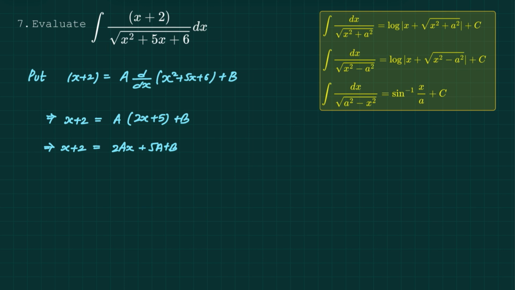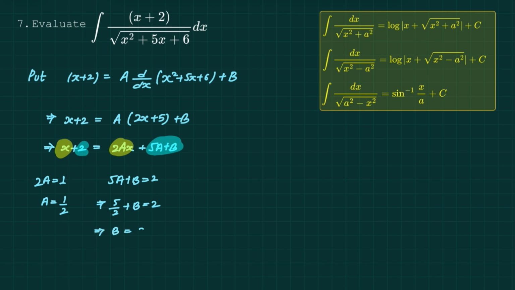Comparing the coefficients of x, we have 2a equals 1, which gives a as 1 by 2, and comparing the constant terms, we have 5a plus b equals 2. Putting the value of a gives b equals 2 minus 5 by 2, which gives b equals minus 1 by 2.